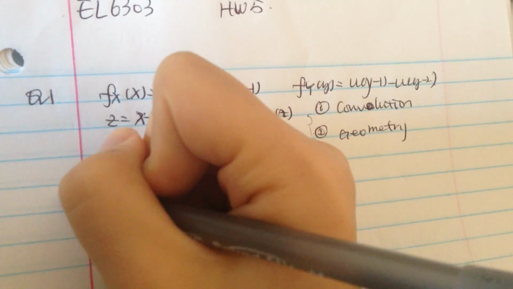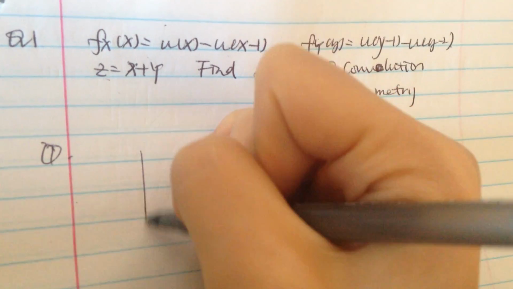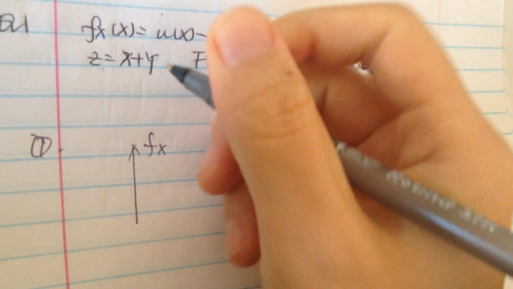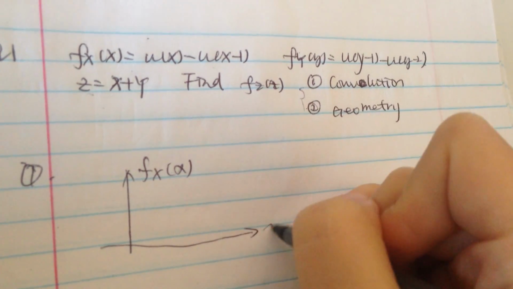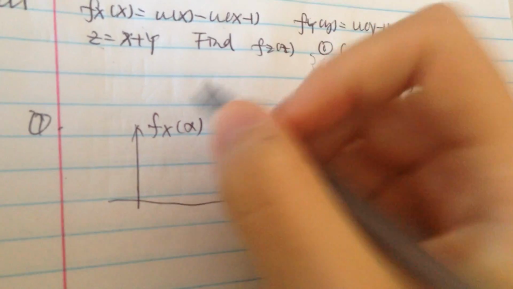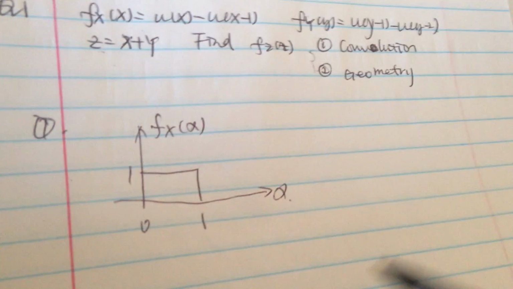So here I can do it in the convolution way. First, it's really necessary for us to draw the density function here. I can use alpha, in 0, 1, here's 1.